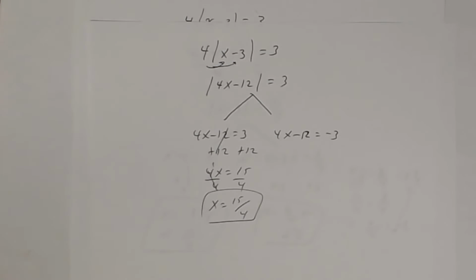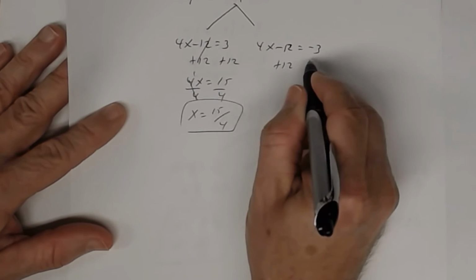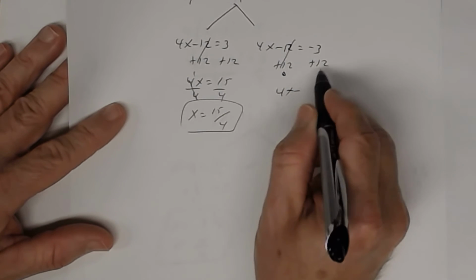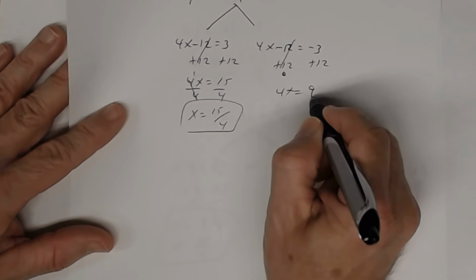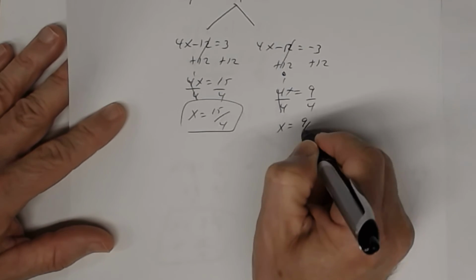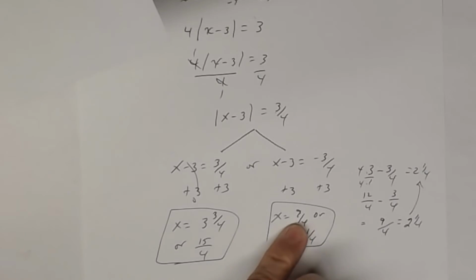So there's one of my solutions, which I knew, right? Because I have 15/4 here. Over here, adding 12 to both sides and combining like terms, I get 4x equals negative 3 plus 12 is 9. Divide both sides by 4, I get x to be 9/4, which I knew was going to be a solution because I have 9/4 here.